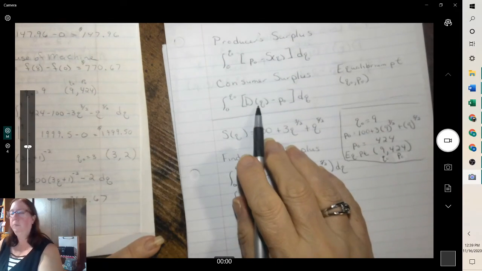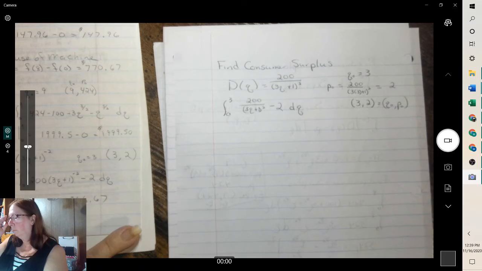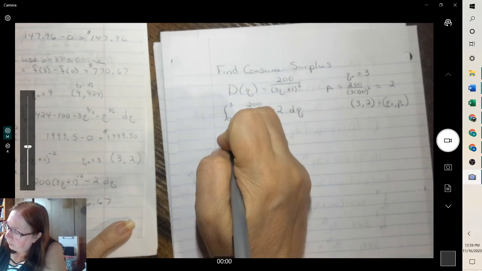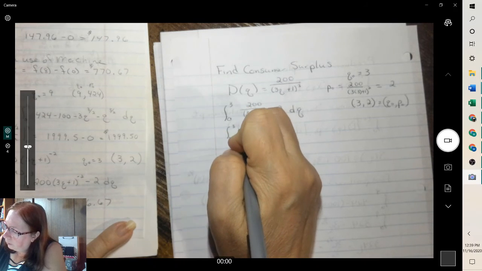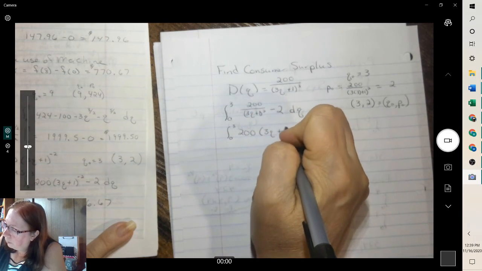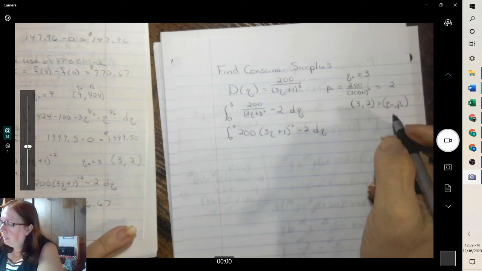So I just used this formula. Now to take the integral, we're going to have to move this up. Then we can take it.